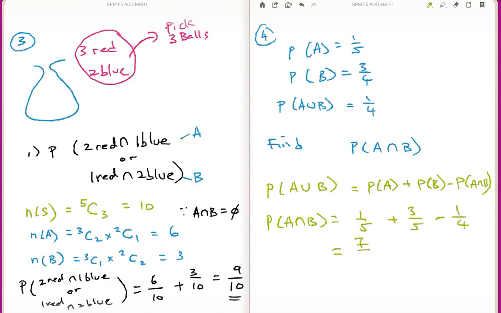It seems that it's 7 over 10. So you may write A and B is not 0, and therefore A and B are not mutually exclusive. Not mutually exclusive events mean they will have overlap.